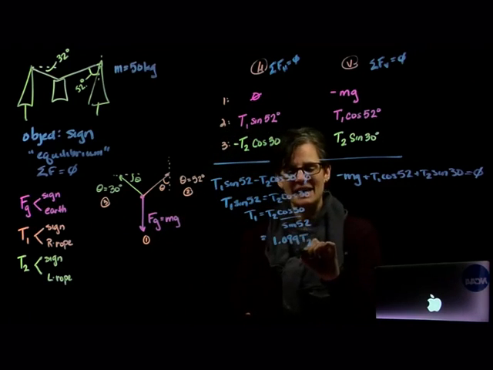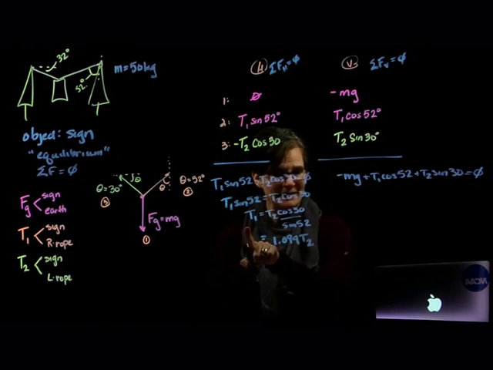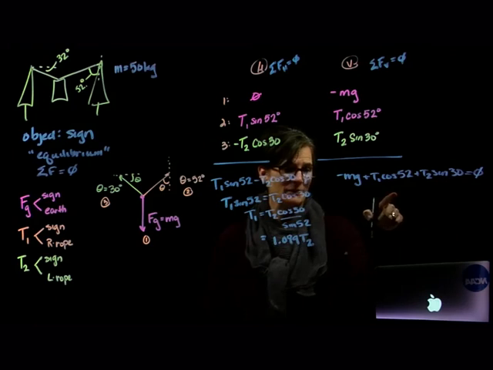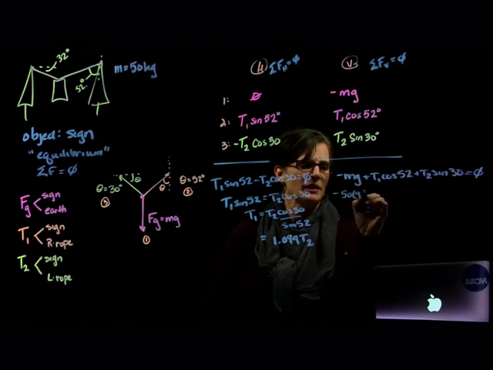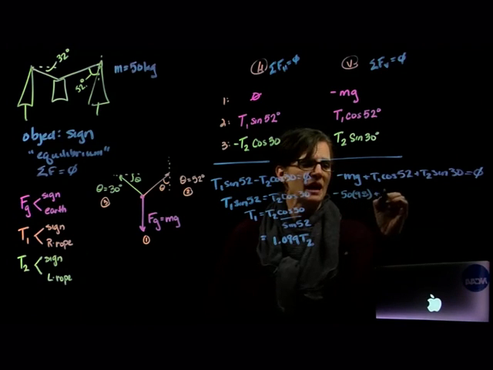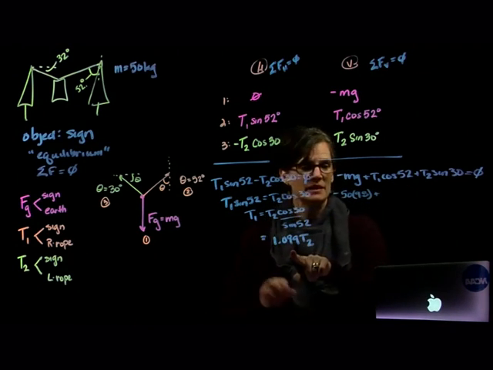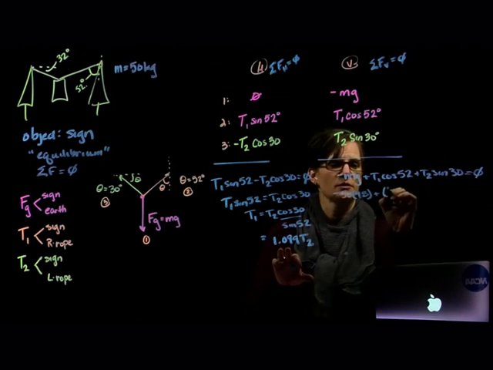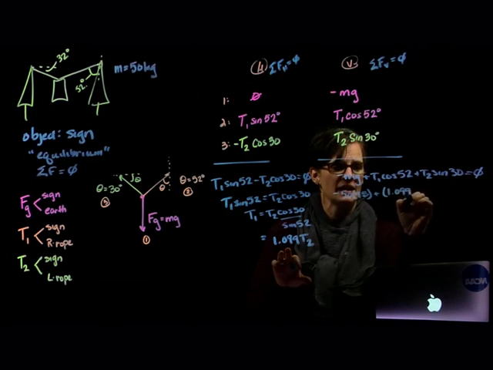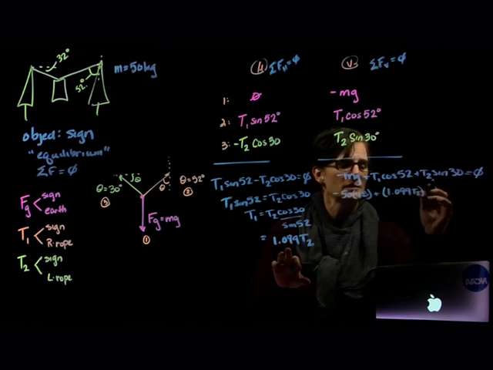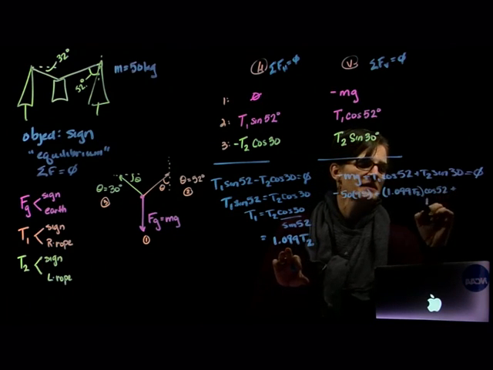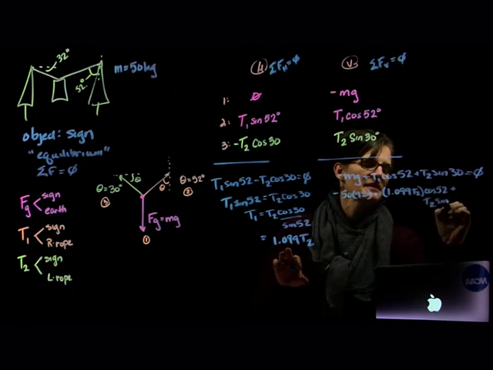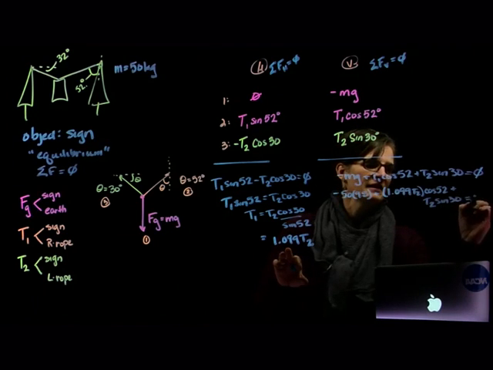Now I can take this value for T1 and plug it in up here. So I have minus m, which is 50, times 9.8, plus, now here's my T1, 1.099 T2 times the cosine of 52, plus T2 times the sine of 30, that equals 0.